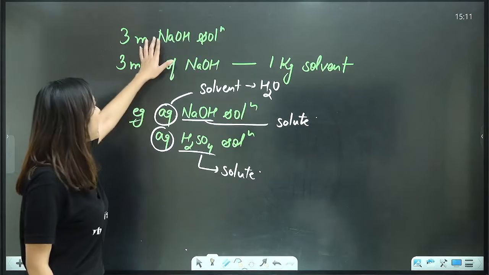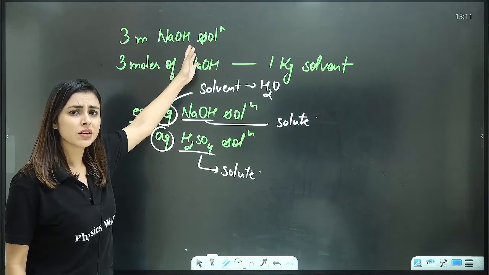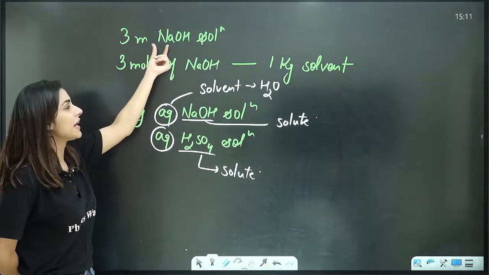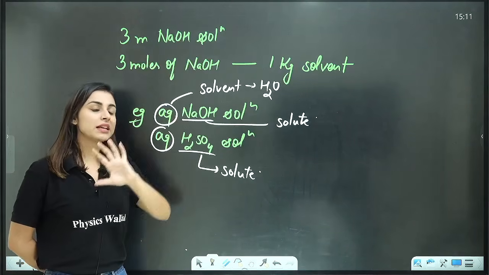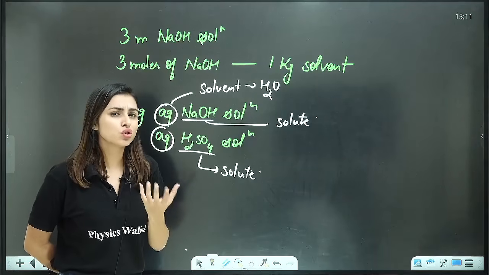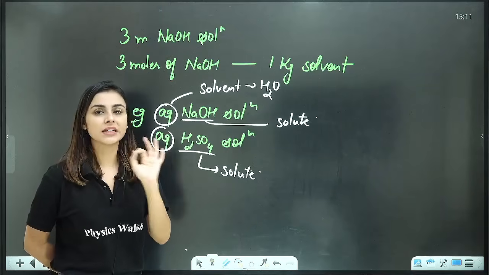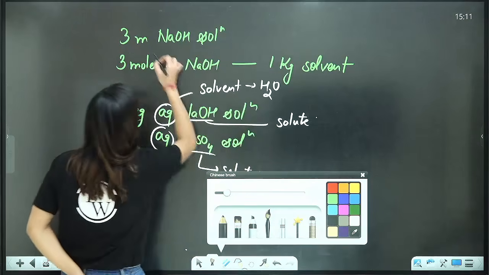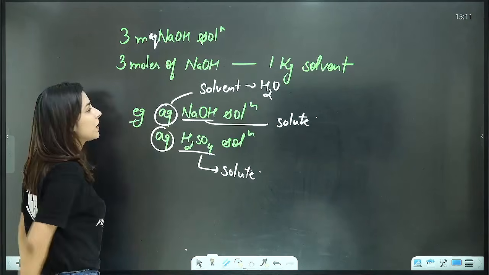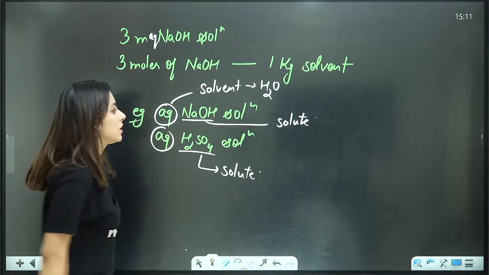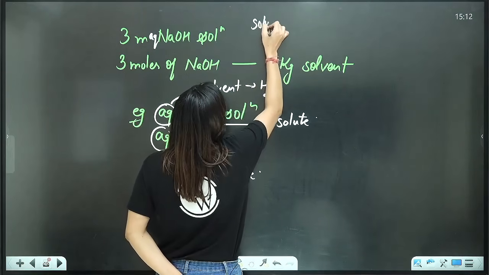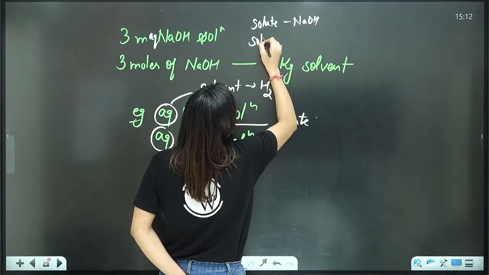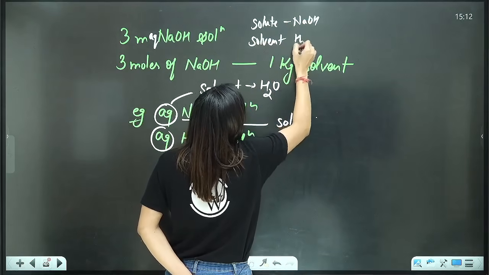Yes. So here nothing is given about the solvent, so we can't decide what the solvent is, but we can understand that NaOH is our solute. There is no information given about your solvent, but solute is NaOH, that is final. Perfect. But if I add aqueous here, then you know that your solute is NaOH, and your solvent is water.